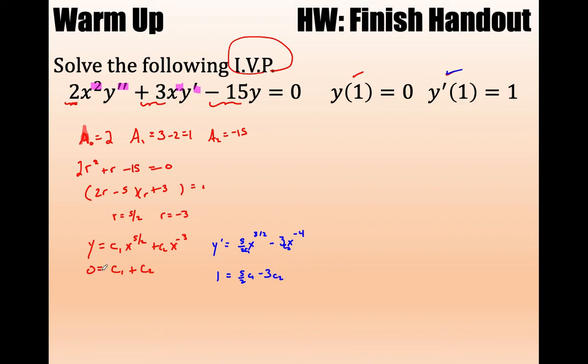Now I'm going to solve a system here. You can either use substitution or linear combinations, matters not. I'm going to multiply this equation by negative 3 and copy it down here.